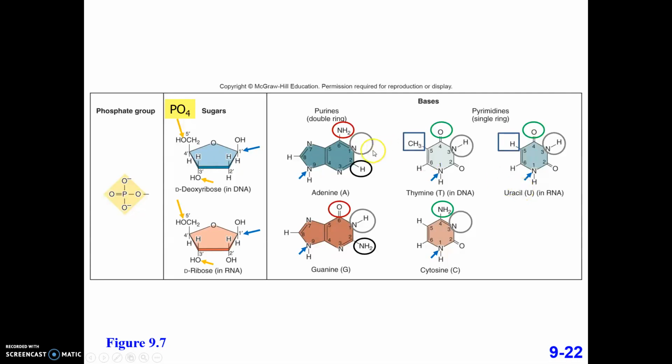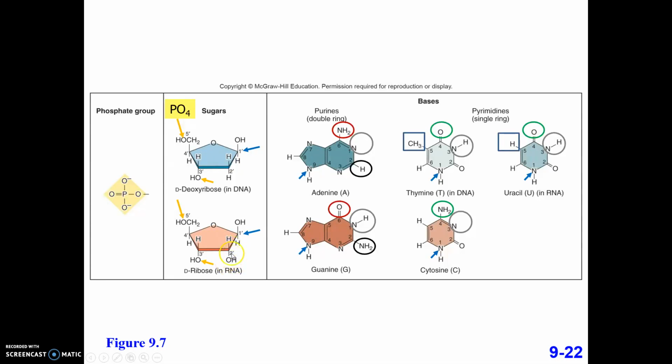Now, another easy way of telling DNA and RNA is taking a look at carbon 2 of the sugar ring. So if you look here at ribose, you can see you have an OH group, and this fits with what we know about carbohydrates.